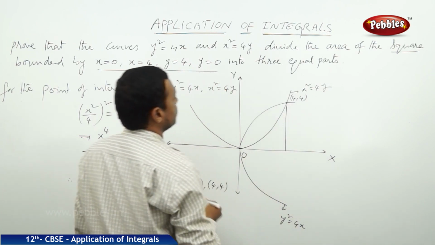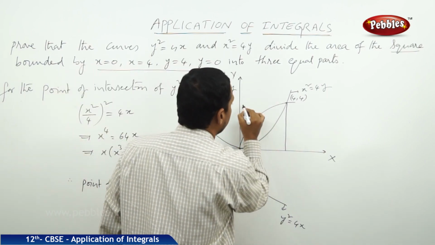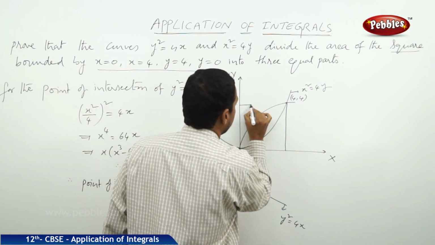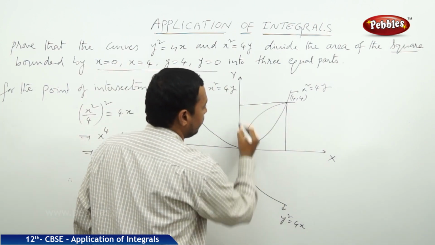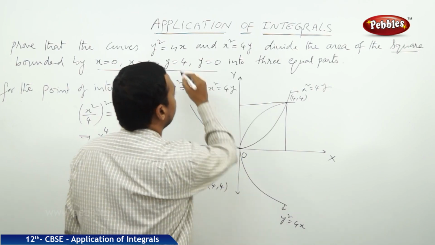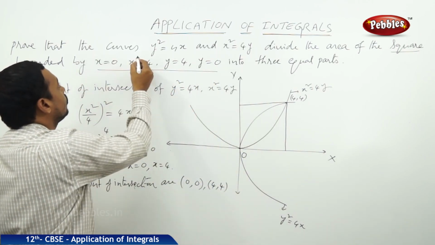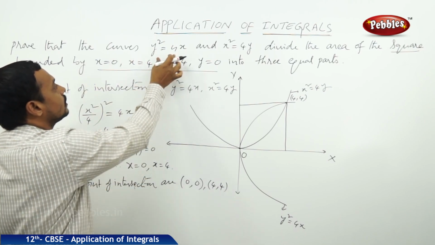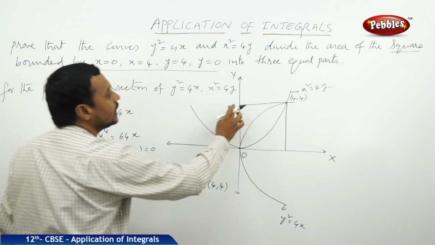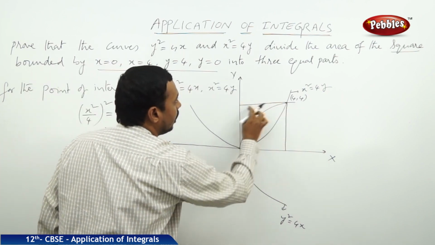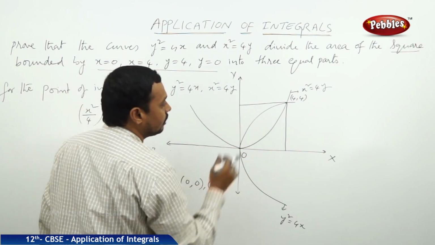Now this is x is equal to 4 and y is equal to 4 is parallel to the x-axis. Now this is the square formed by the given 4 straight lines. Right, now see, we have to prove that the two curves, two parabolas, divide the area of the square formed by the 4 straight lines into 3 equal parts.